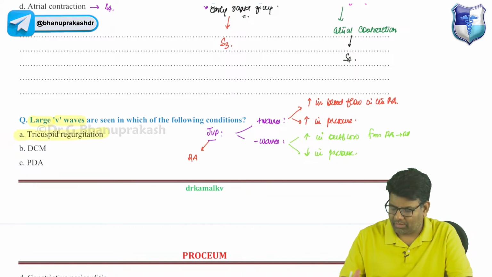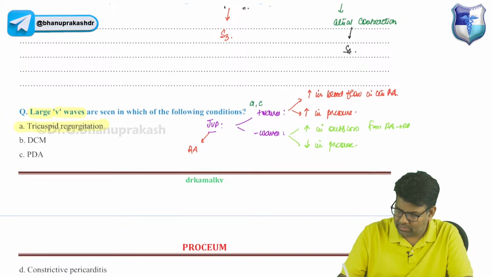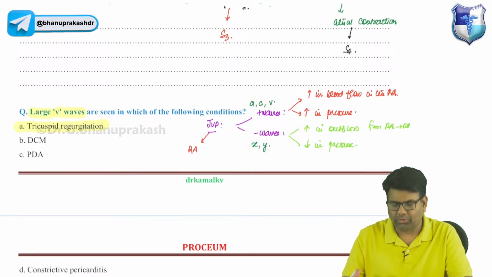So these are the points which are associated with positive waves or negative waves. Now there are 3 positive waves, A, C, V, and 2 negative waves, X and Y. So 3 positive waves and 2 negative waves.